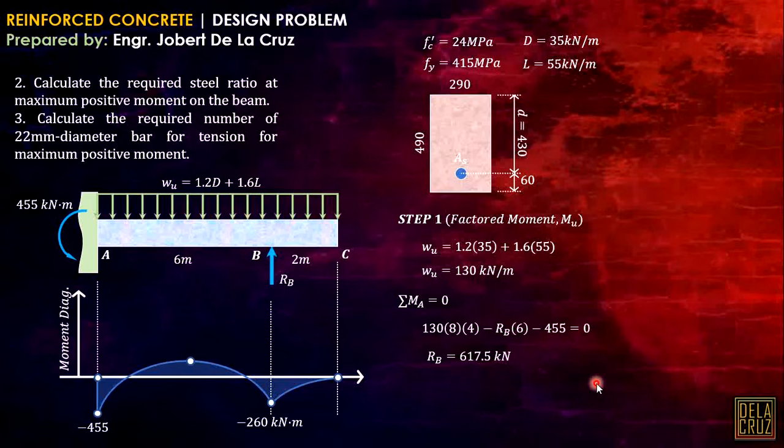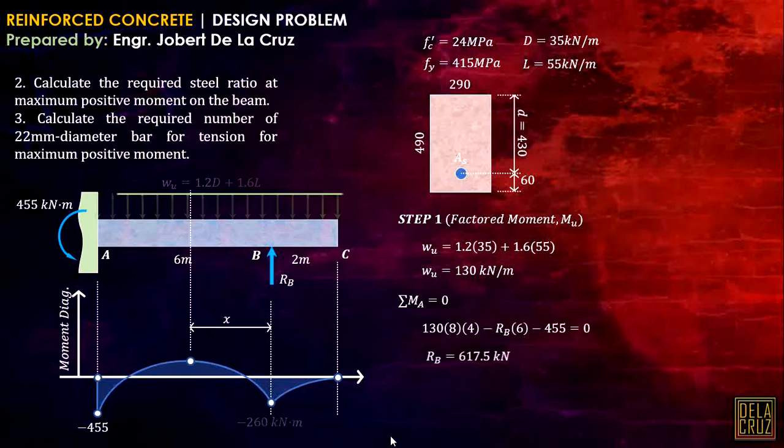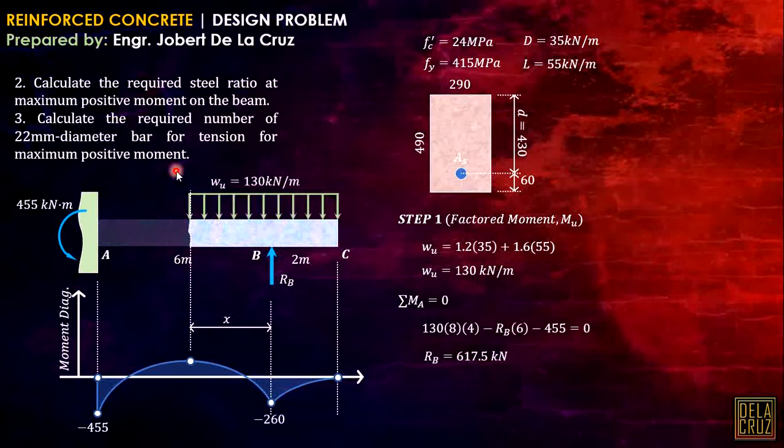Now after that, again, I will cut this section here to calculate this maximum positive moment. So we need to locate this distance x. How can we do that? I will cut at this portion. This is what remains.